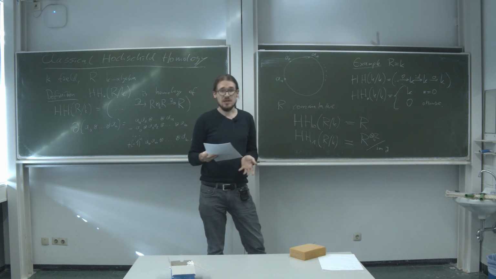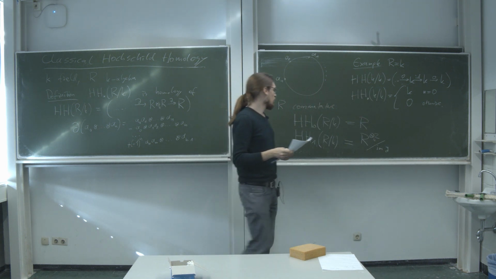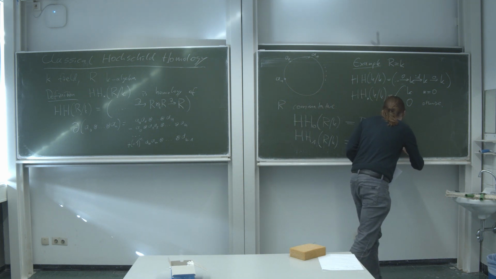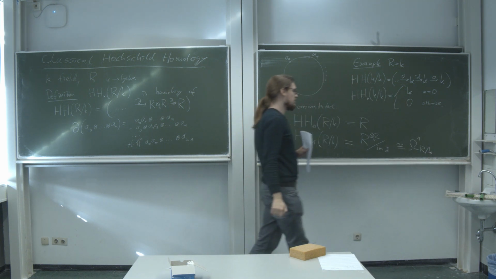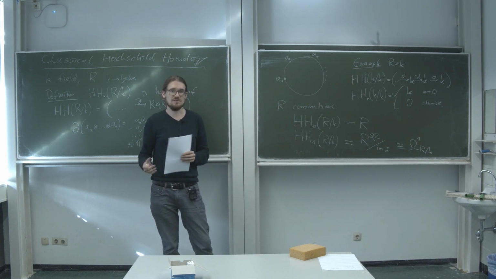And we can describe that quotient explicitly, as we'll see in a second. This is always isomorphic to what's called the Kähler differentials of R relative K.